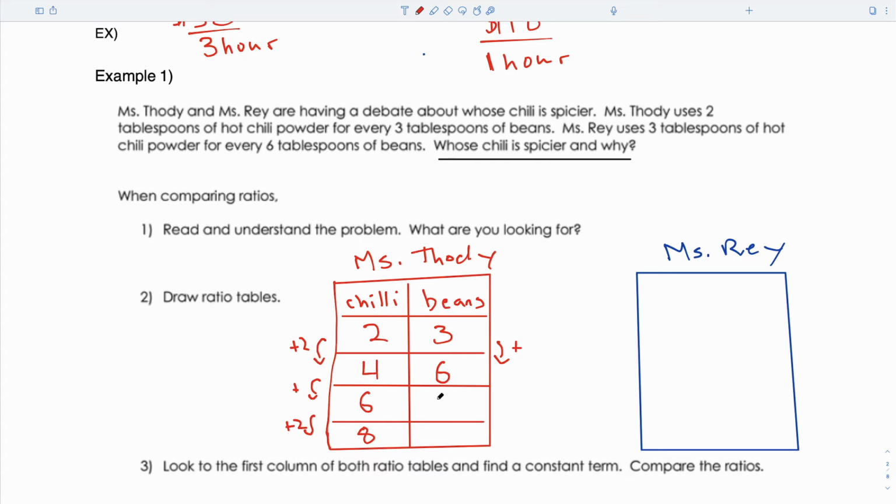So we're always adding the amount they give us in the column initially. Add 3 to this, we get 6. Add 3, we get 9. Add 3, we get 12. Okay, once you have 4 different ratios, 2 to 3, 4 to 6, 6 to 9, 8 to 12, we go to the next table.